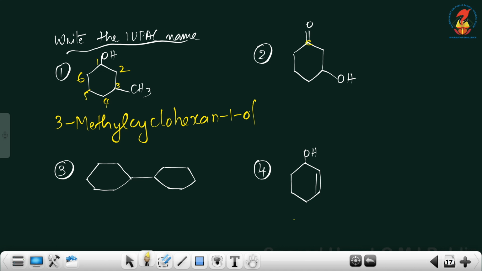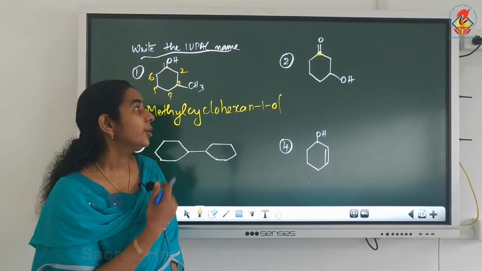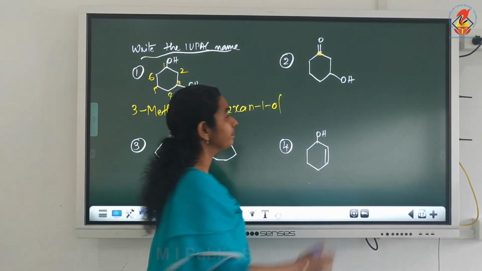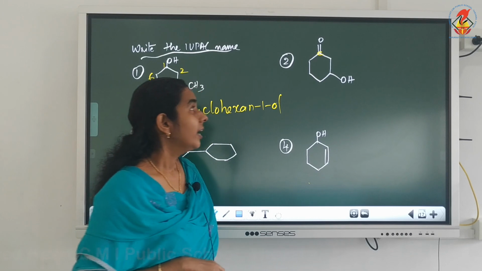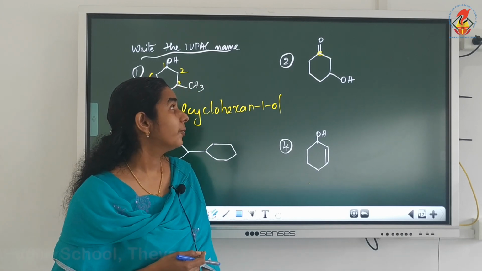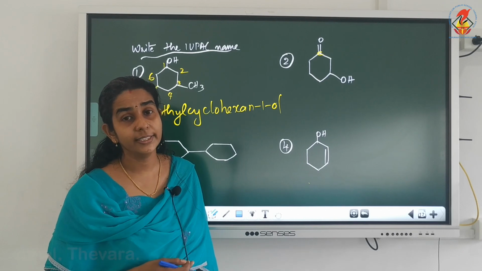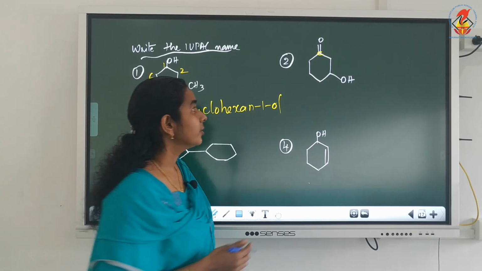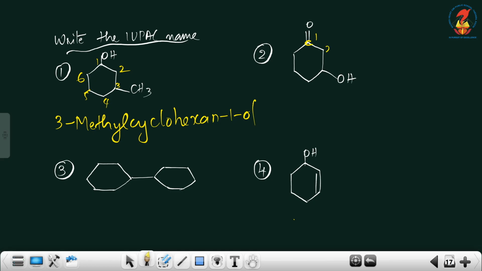Here in the cyclohexane ring we have one keto group and an OH group. This is actually a keto group, C double bond O. C is not represented because bond line representation is given. According to the priority order, the principal functional group is C double bond O, so that will go as suffix, and that should get the lowest possible number. So 1, 2, 3, 4, 5, 6. Which ring is present here?